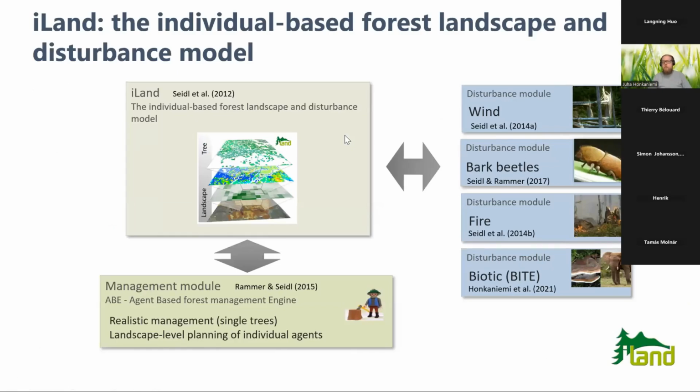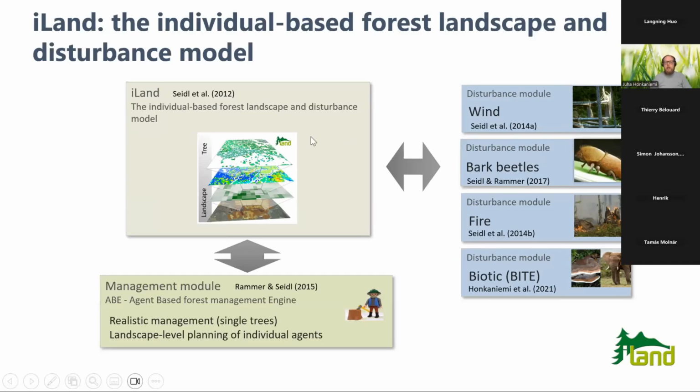And as I mentioned, iLand is highly capable of simulating the forest vegetation, but we also have different disturbance modules in there. One for wind, one for bark beetles, one for fire, and a generic one to simulate the effects and impacts of different biotic agents.